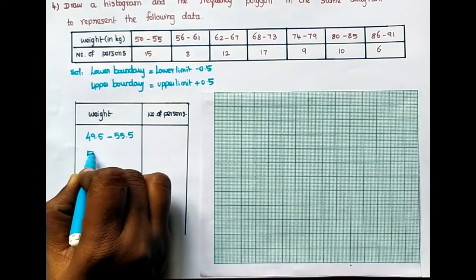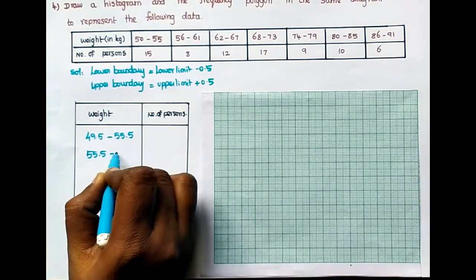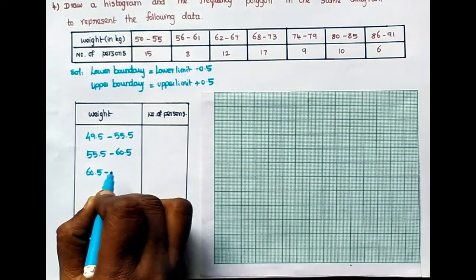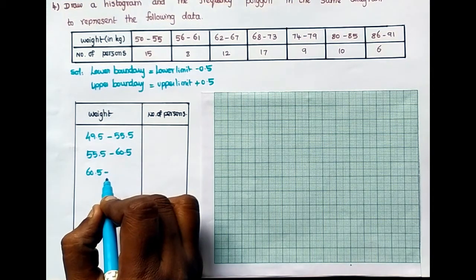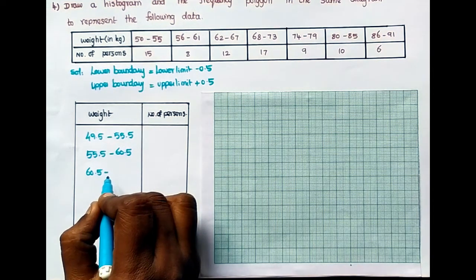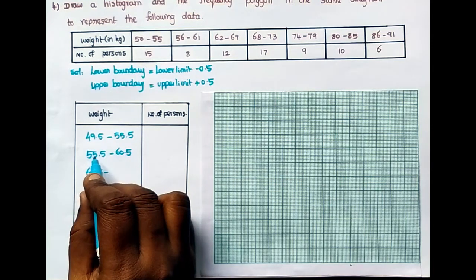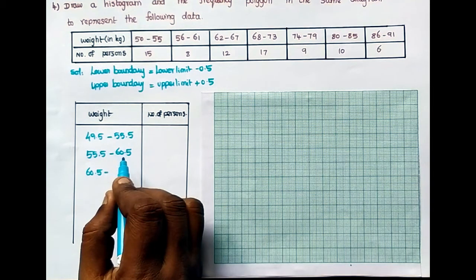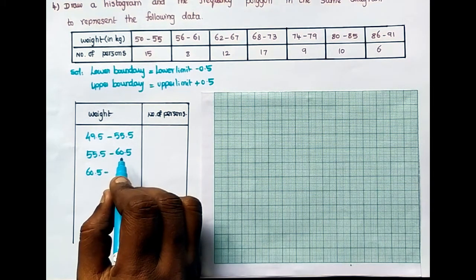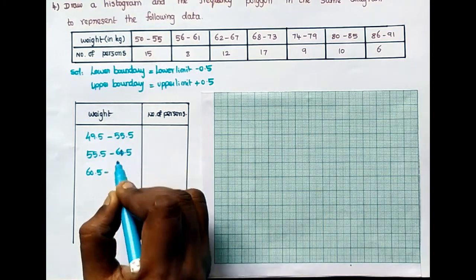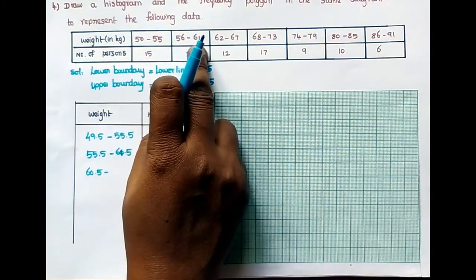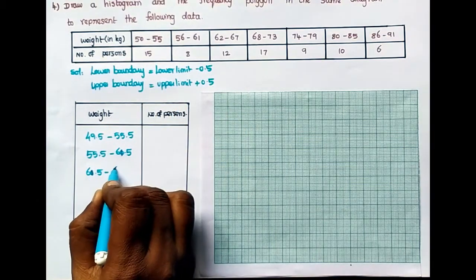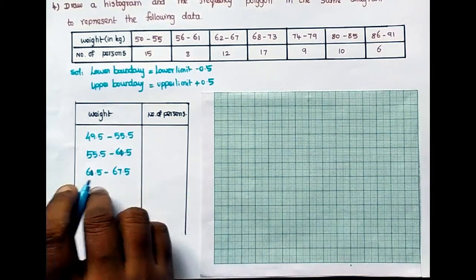Next, 55.5 to 61.5, and then 61.5 to 67.5, 6 difference.